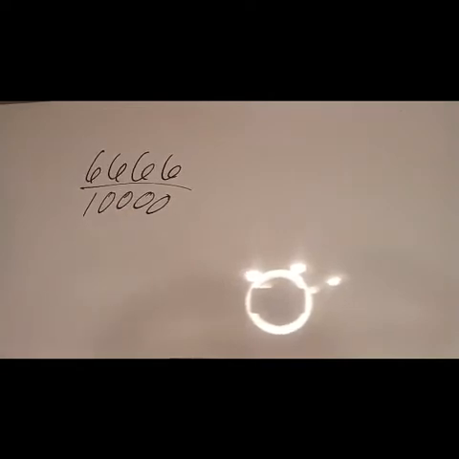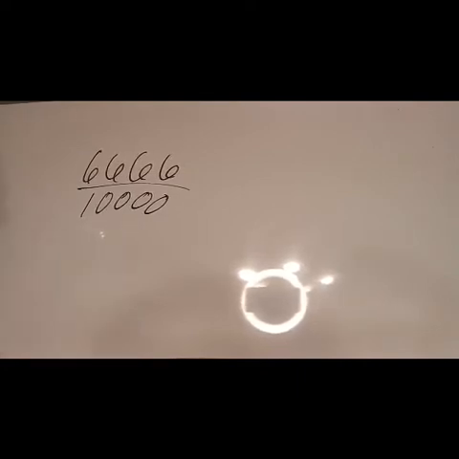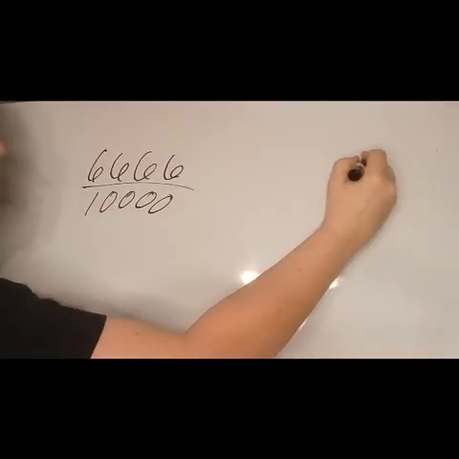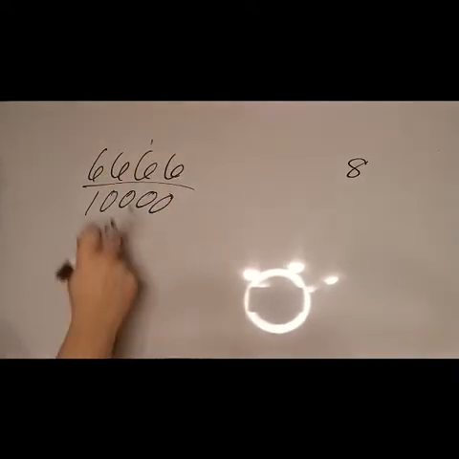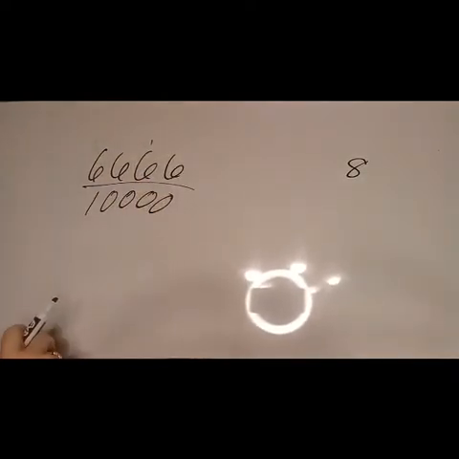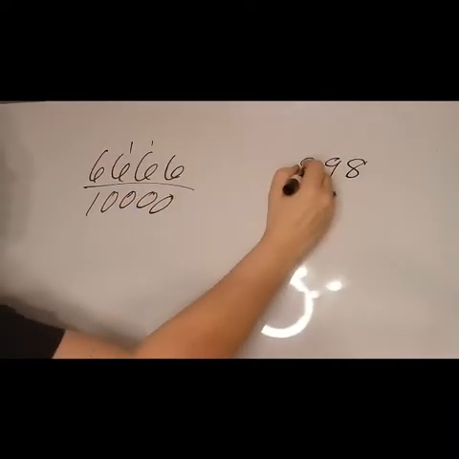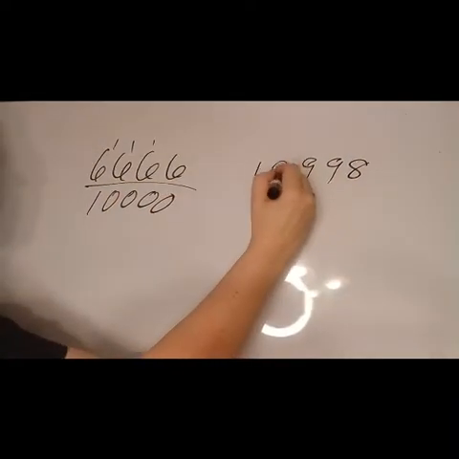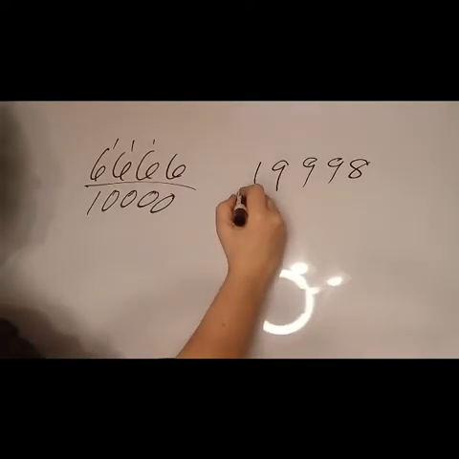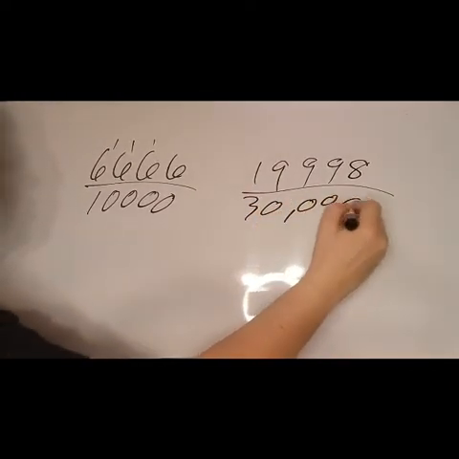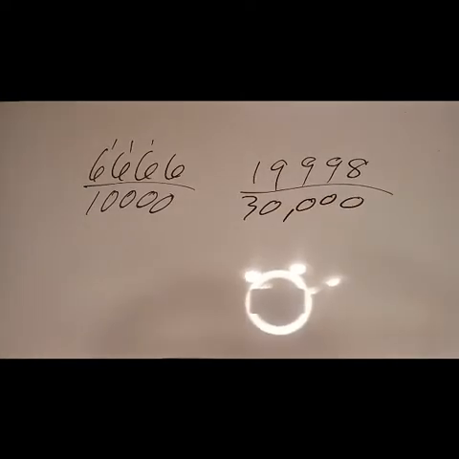Now what we want to do is multiply by 3, because 3 is what gets rid of that 1/3 thing going on, the repeating numbers. 6 times 3 is 18, carry the 1. 6 times 3 is 18 plus 1 is 19, and so on, giving us about 19,998 over 30,000.